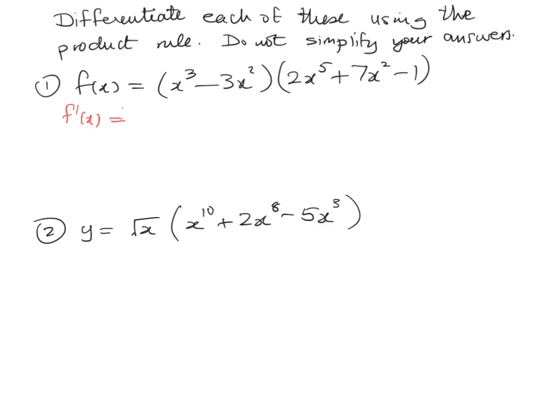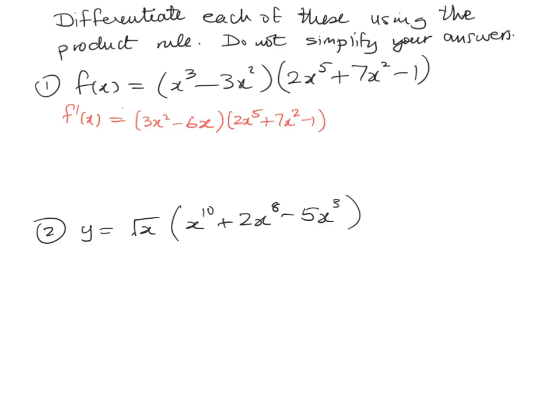The product rule says take the derivative of the first function, the derivative of x cubed minus 3x squared, which is 3x squared minus 6x, and then times the second function left alone. So leave the 2x to the fifth plus 7x squared minus 1 alone.